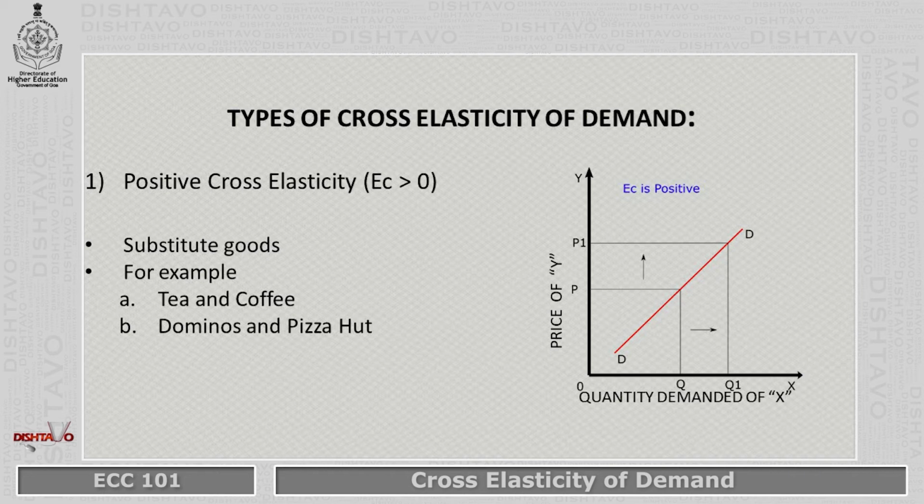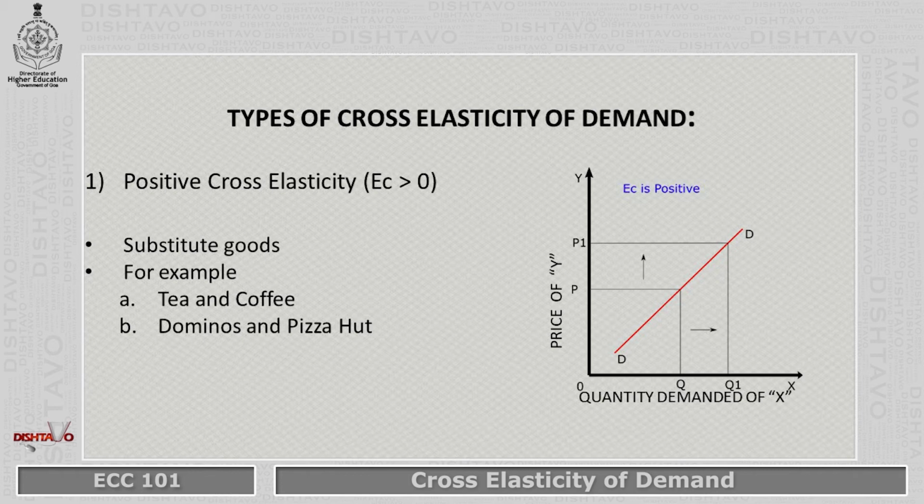Please observe the diagram. X-axis represents quantity demanded, whereas Y-axis represents the price of commodity Y. If we see the demand curve, it slopes upward and it is a linear straight line. P is the original price, whereas Q is the original quantity.